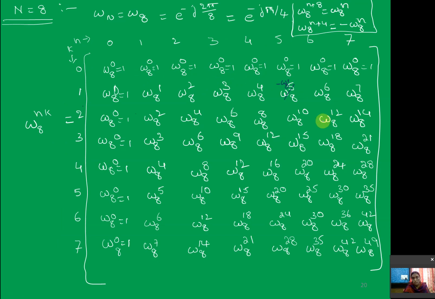So what is this here? Minus W8 power 1. And similarly, what is this? In this place we may write W8 power 2 plus 4, that means minus W8 power 2. This is minus W8 power 3.